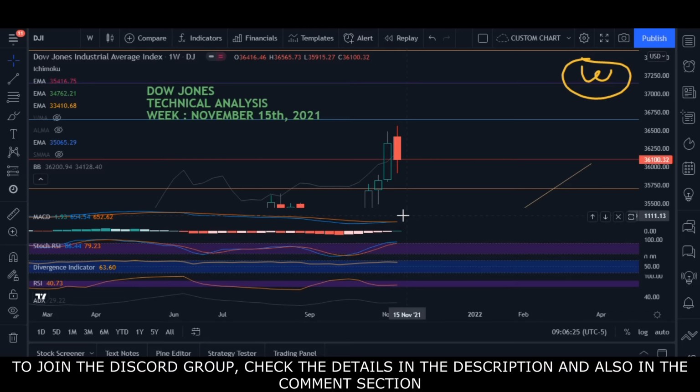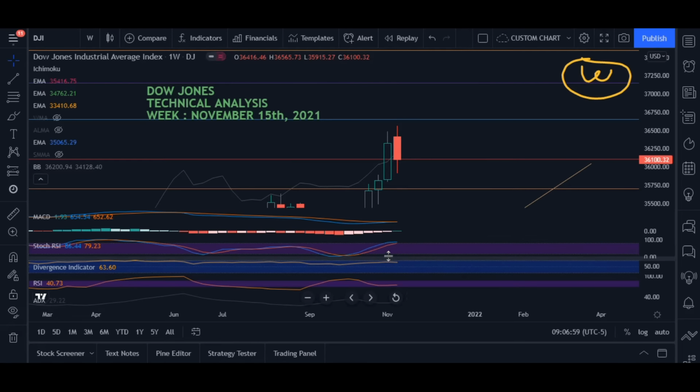If you see, MACD is 654.54 and the signal is 652.62. So it is marginally bullish. Okay. Then we have Stoch RSI. Stoch RSI is bullish, no doubt. Now MACD is supporting the Stoch RSI. So this is in favor of bulls.